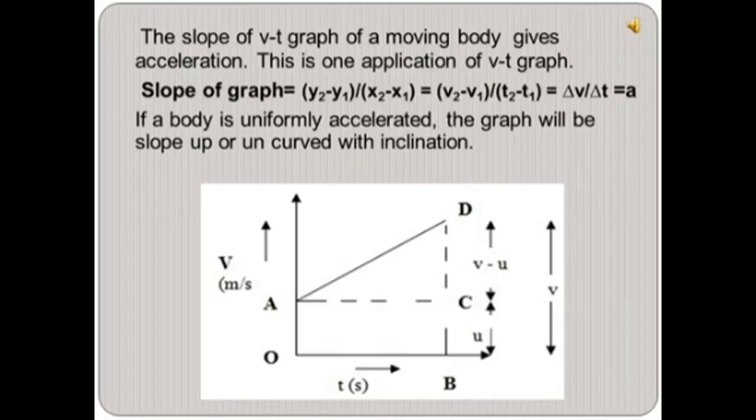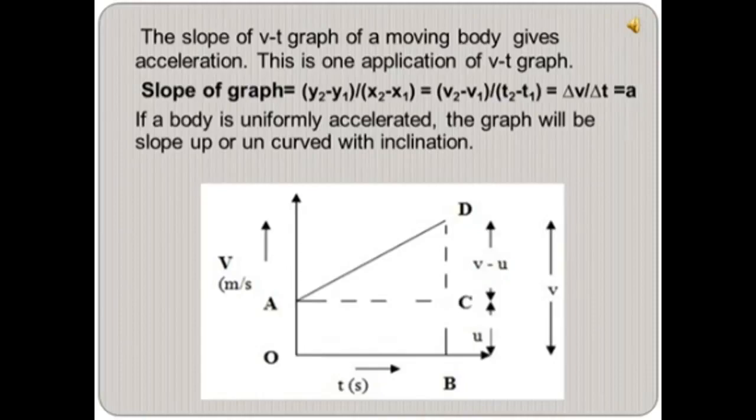the moving body. If a body is uniformly accelerated, the graph will be a straight line with inclination, which is shown in the given figure. To determine the slope of the graph AD, you have to use this expression, which is the slope is equal to DC divided by AC.